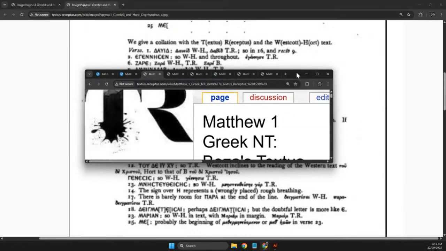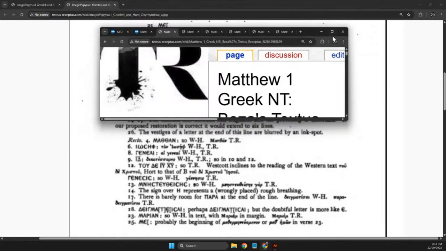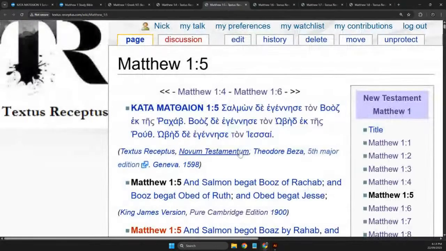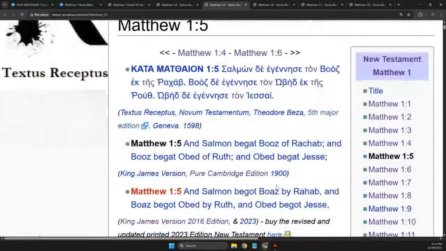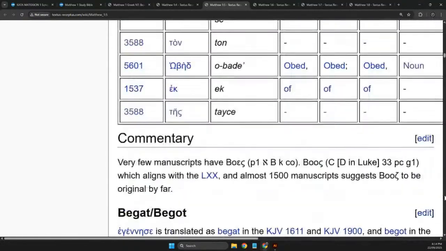What the exact TR says. Okay, it's not opening for me there for some reason. There we go. Yeah, so it's 2 omicrons where they have an epsilon there. And so I might even sort of speak about this here.